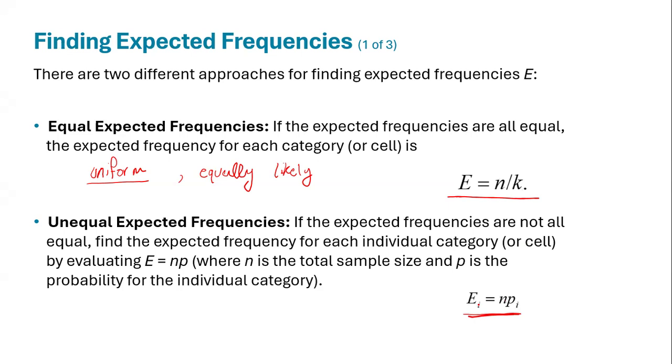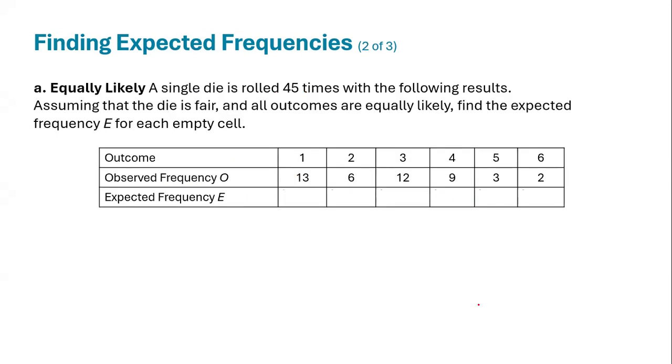Let's look at an example. It says a single die is rolled 45 times with the following result. Assume that the die is fair and all outcomes are equally likely. That means the expected frequency for all categories is the same.